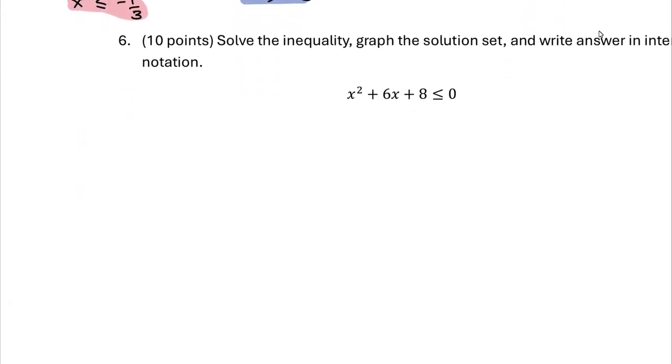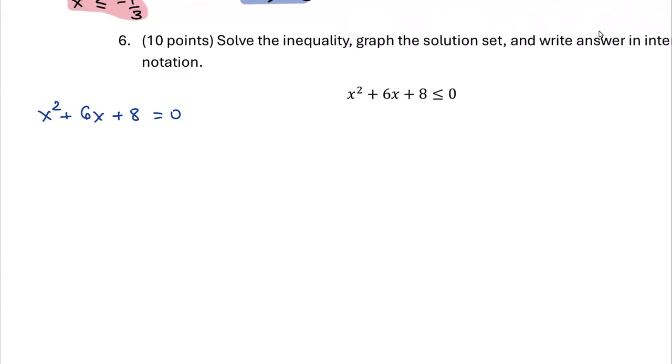Now, number 6, you solve the inequality. So the first step of solving the inequality will be treating the problem as equal to 0. So that's step 1. So let's solve that one first.